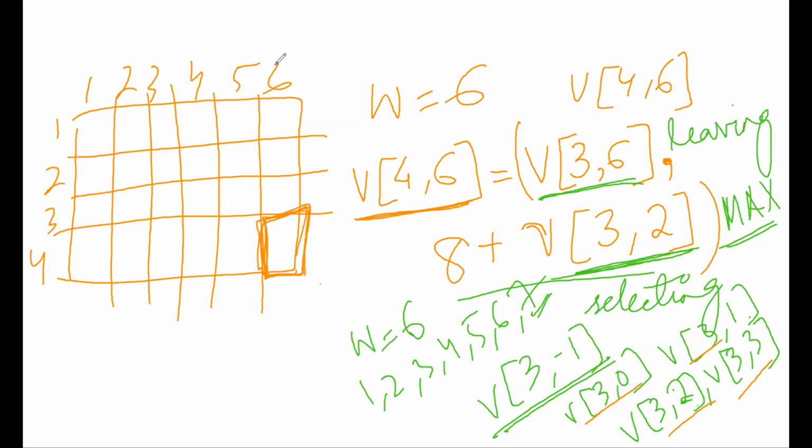And it could possibly give rise to 3, 0. I haven't written the 0 column, so 3, 1, 3, 2, 3, 3, 3, 4, 3, 5, 3, 6. That means for doing this calculation here, I need this row already prepared for me, because then I have used these values to get this value here.